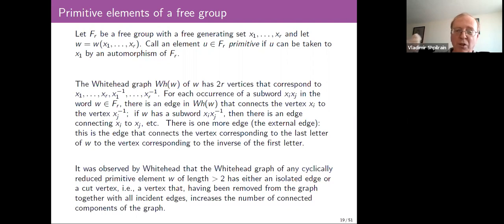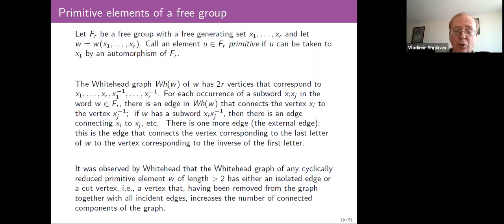Because if a word is not freely reduced, then for most purposes, including detecting primitivity, you first have to freely reduce it, and this will take linear time. This is unavoidable. So in what follows, we will have to assume that the word given to us is freely reduced.